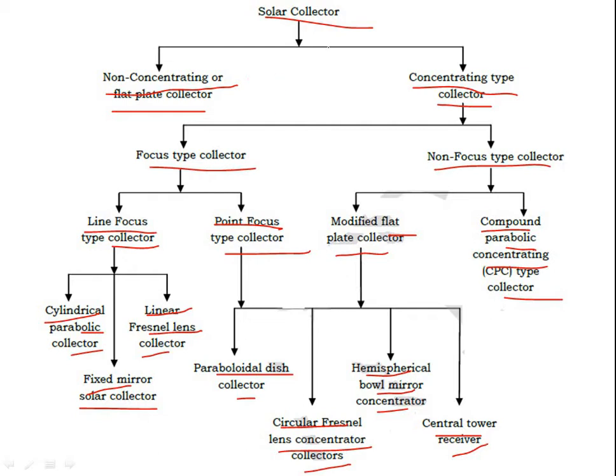These are the two types. The solar energy collector with its associated absorber is the essential component of any solar collector for the conversion of solar radiation energy into a more usable form of energy such as heat or electricity.